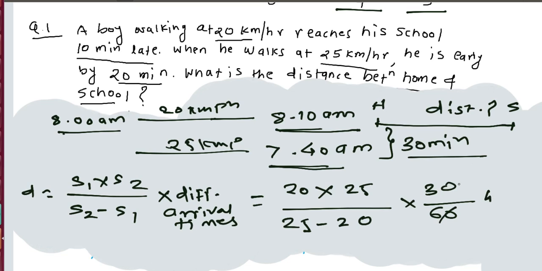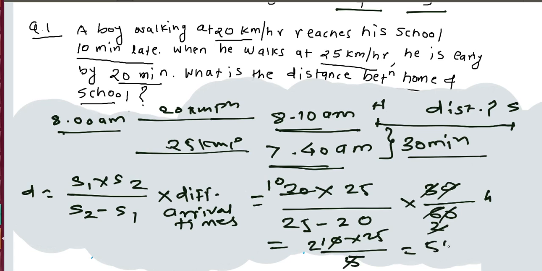So this 2 will cancel this 20, 2 tens are 20. Now we'll have 10 into 25 divided by 5, which is nothing but 5 2s are 10, 50 km. So the distance between his home and school is 50 km. That's one way to solve this.